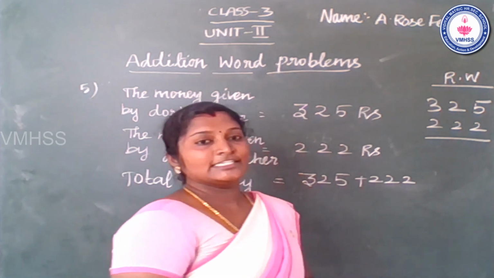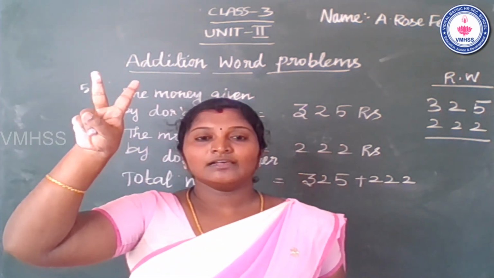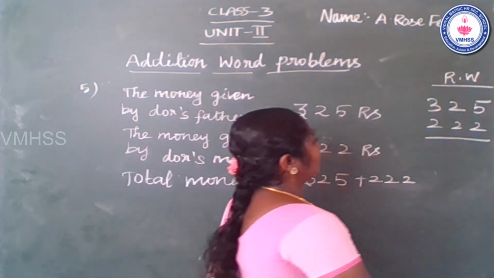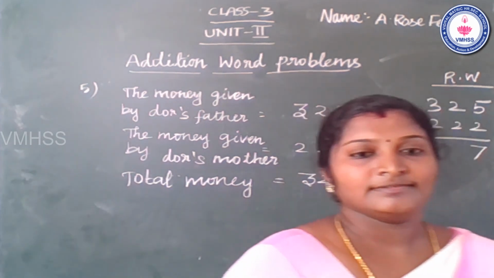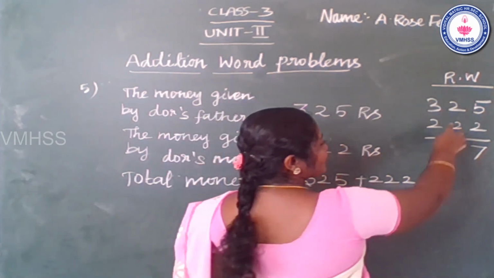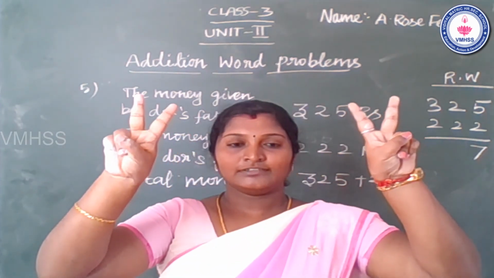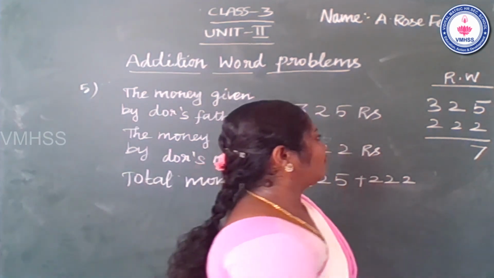Students, raise up two fingers. After 5, 6, 7. Okay, 7. Then 2 plus 2, what is the answer? 4.